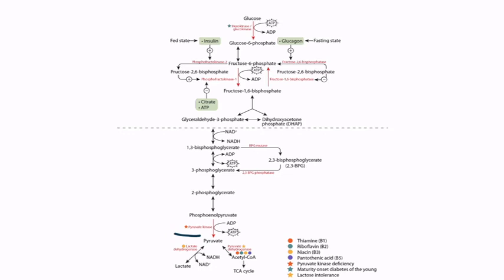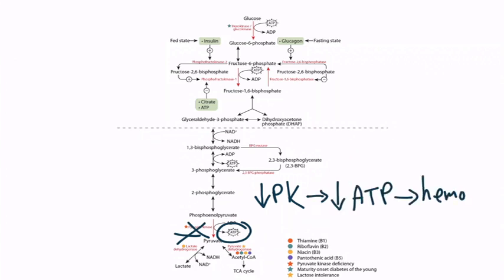If pyruvate kinase is deficient, then ATP is not able to be produced as much in red blood cells, and this results in a decreased ability of the cell to pump cations against a concentration gradient, so the cell is not able to maintain homeostasis, which results in hemolysis. So decreased pyruvate kinase results in decreased ATP, which results in hemolysis.